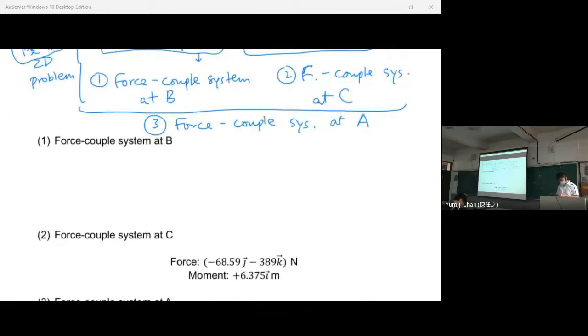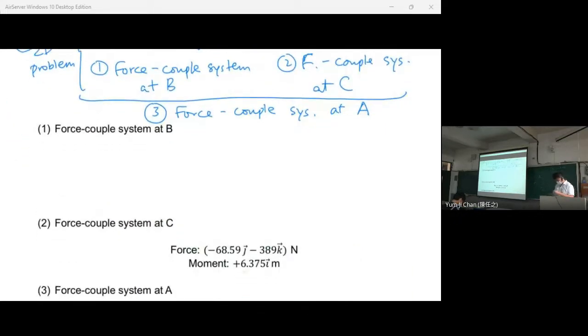And the first couple system at B, of course, because it's a 2D problem, we can simply draw the pulley, and this one is point B, and this one is the Y axis, and this one is the Z axis.